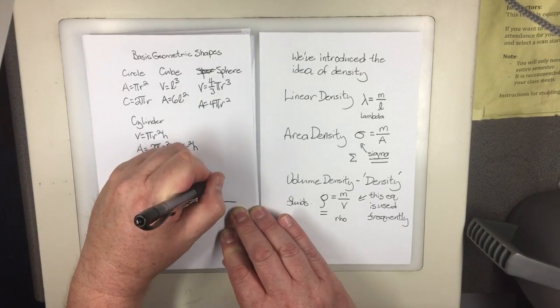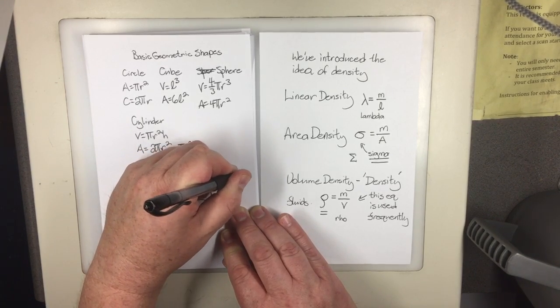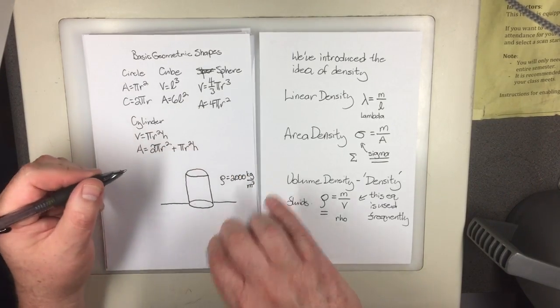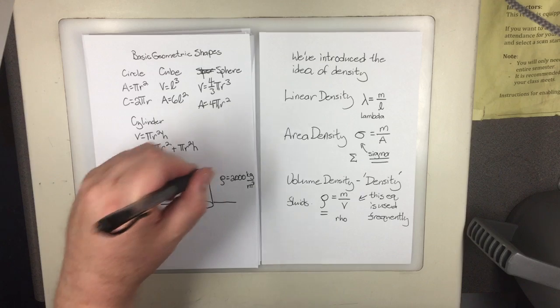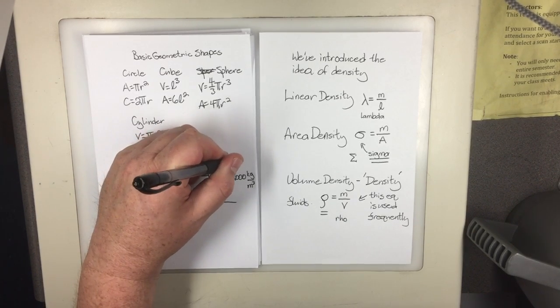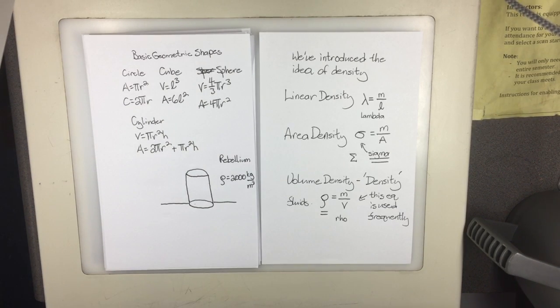It has a density of 2,000 kilograms per cubic meter. Now, the material, I will introduce the name now. It's called rebellium. Now, rebellium is my fictitious element. If I get lucky enough to invent an element, I'm going to name it rebellium.